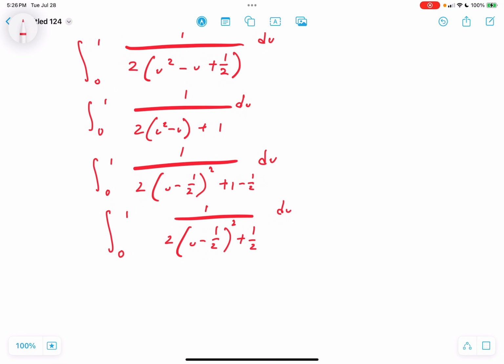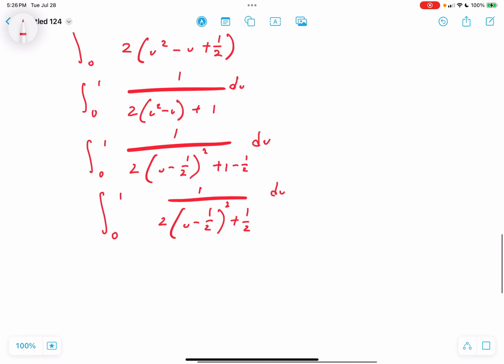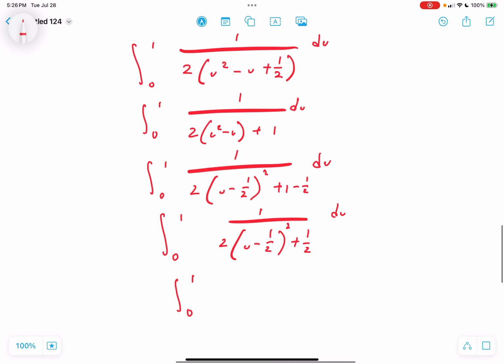Okay. Now let's see what I can do. Well, I can factor out a 1/2 from this whole thing. And this becomes the integral from 0 to 1 of, okay, bear with me, 1/2 times 4 times u minus 1/2 squared plus 1 du.